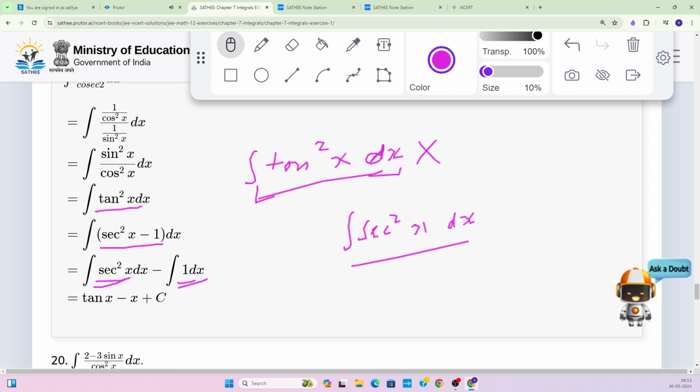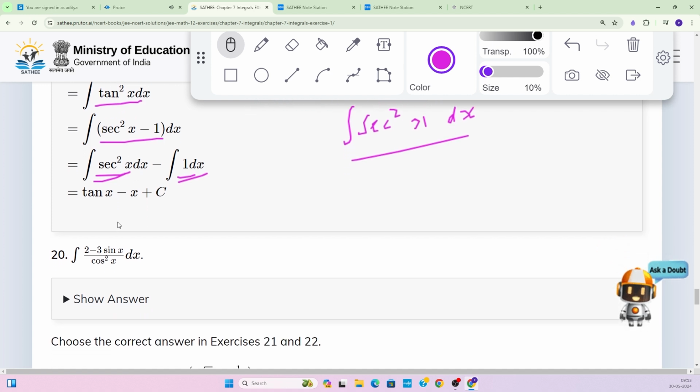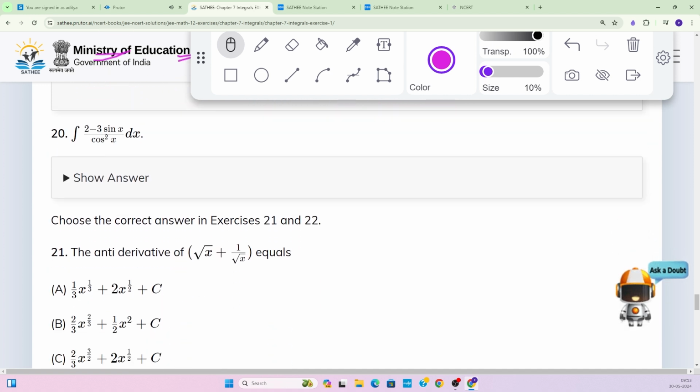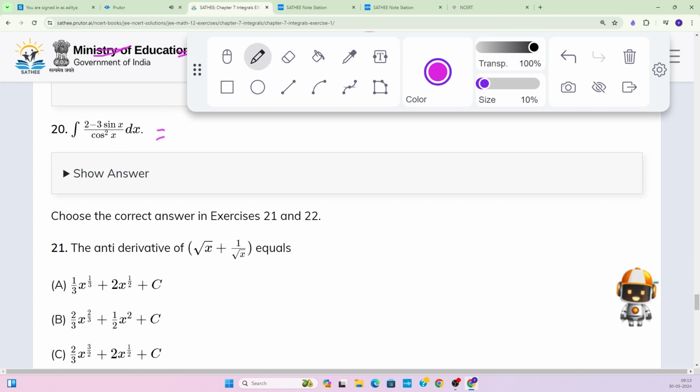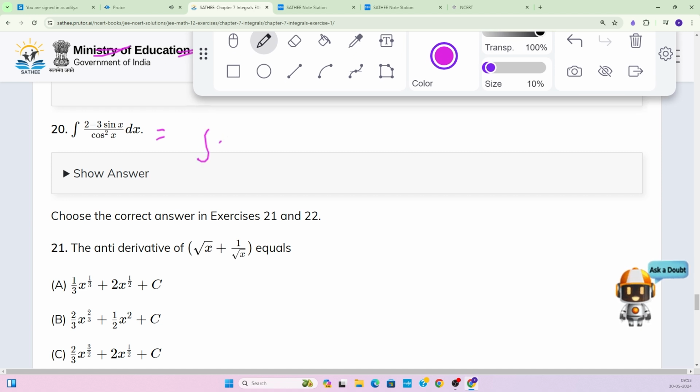Clear? Let us move to problem number 20. Integrate it. How are you going to integrate? Quite simple, separate them. You will have integration of 2 sec square x minus 3 sec x tan x dx. I'll be directly using the results.